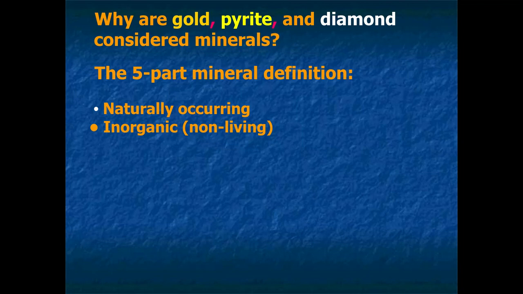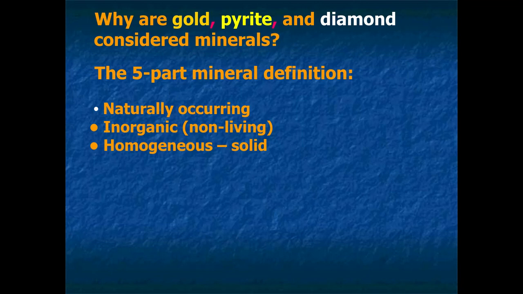And so the type of science or mineral science that we look at for minerals is physical science or physical chemistry, not organic chemistry. So organic chemistry deals with living things. Physical chemistry deals with non-living type substances, in this case, minerals.